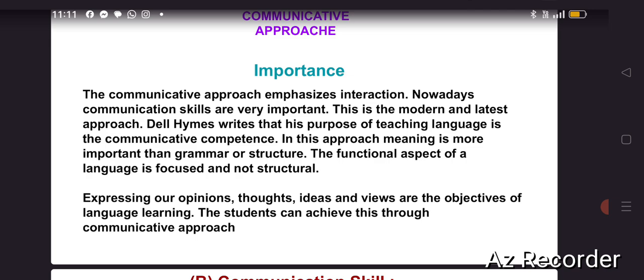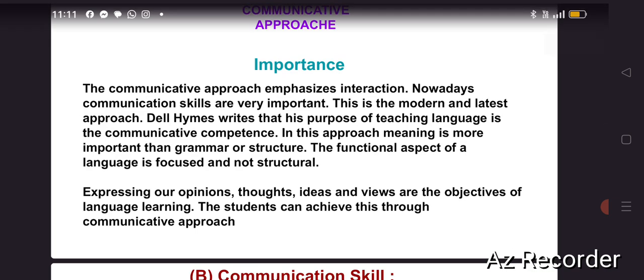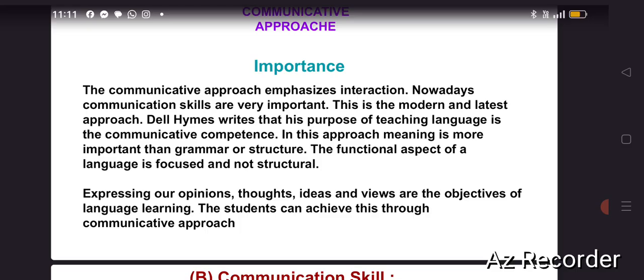So in the communicative approach, importance is given to feelings, to expressions, to expressing ideas and thoughts rather than grammatical rules or grammatical correctness.